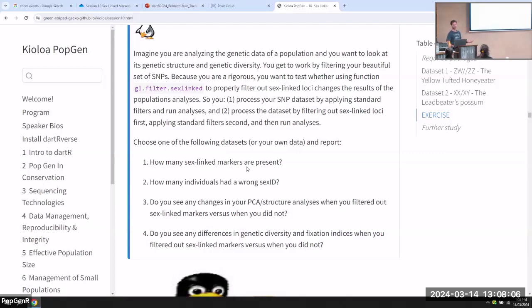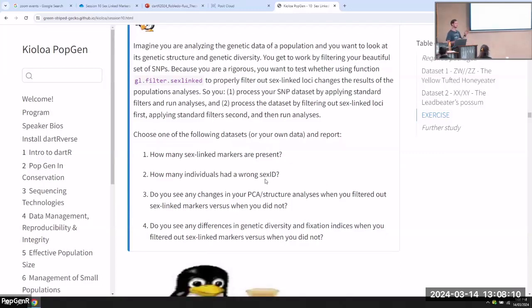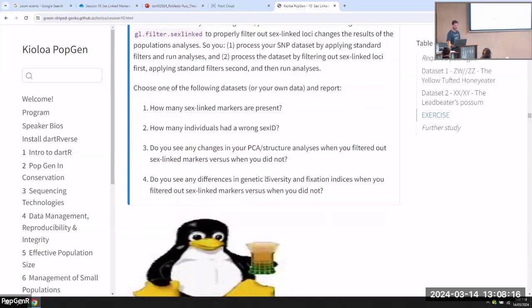So look at how many sex markers were present. Did you have any visually misidentified individuals in there? Because that usually happens in the field. And then you could also look at things like, did my sex markers influence my population genetic analysis?